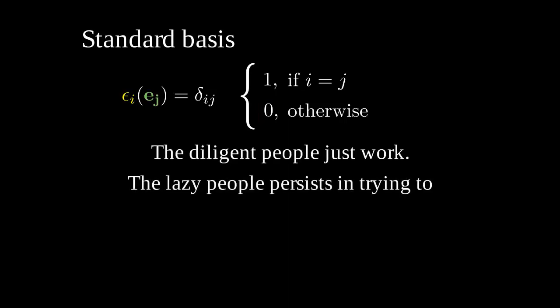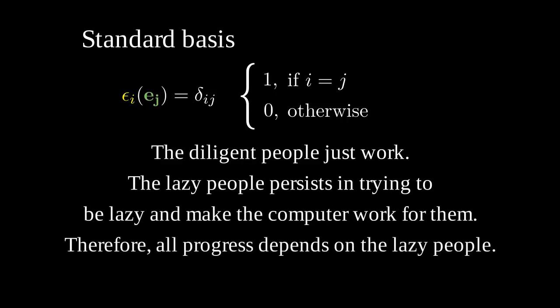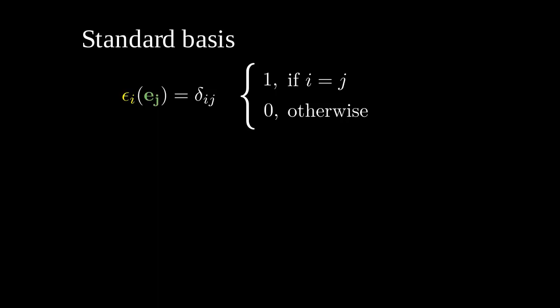The lazy people persist in trying to be lazy and make the computer work for them. Therefore, all progress depends on the lazy people. That's one of the reasons you like to learn math, physics, and computer science. The world is so complex, you need to localize and simplify the ideas. To be lazy, you work hard.